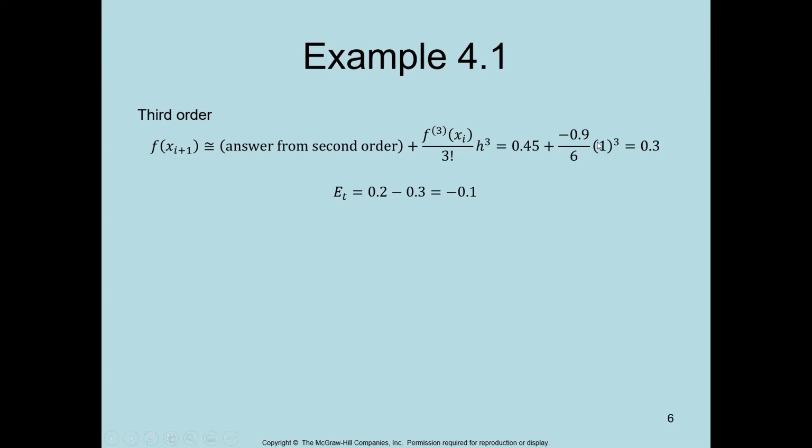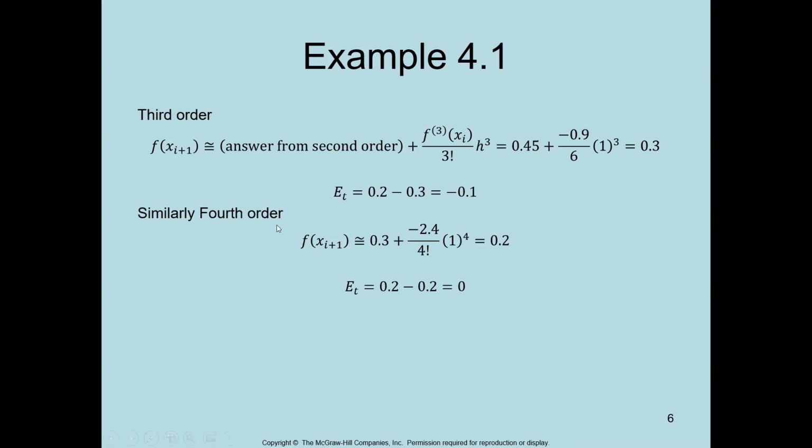So simply input the values. We already calculated the third derivative, input these values, and then you will see that the third order approximation will be 0.3, and the remaining error will now be minus 0.1. So the error is reducing. You can see that the more terms of the Taylor series we include, the less and less error we obtain.